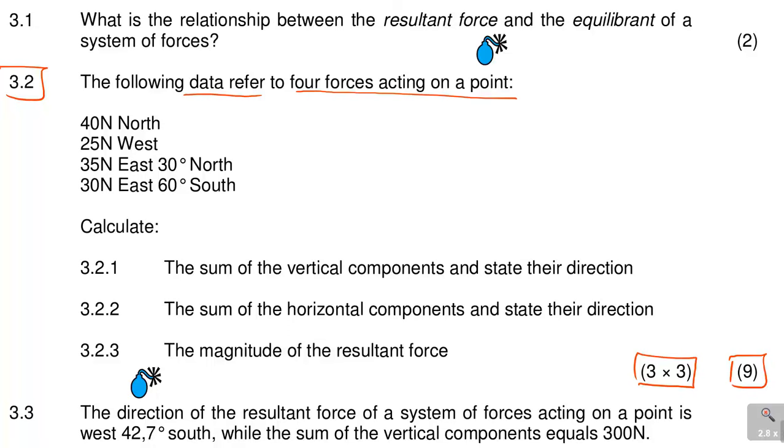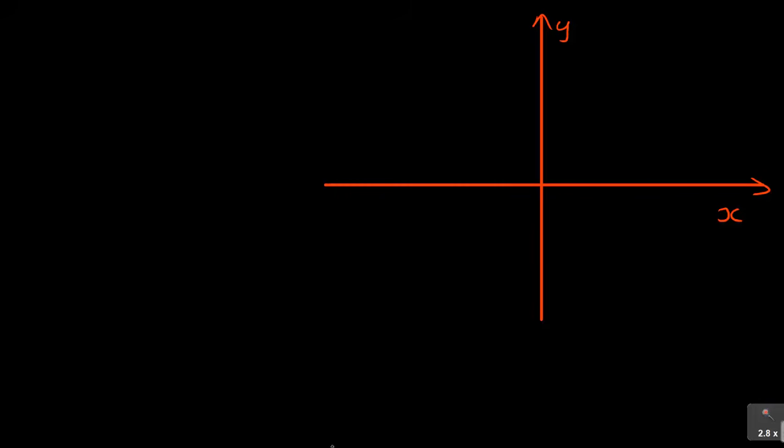That is the first part that you need to know. It says refer to the data here. So the first thing that we have is 40 newtons north. How do we draw that? I will have a line along the y-axis, and that line here will represent the 40 newtons.